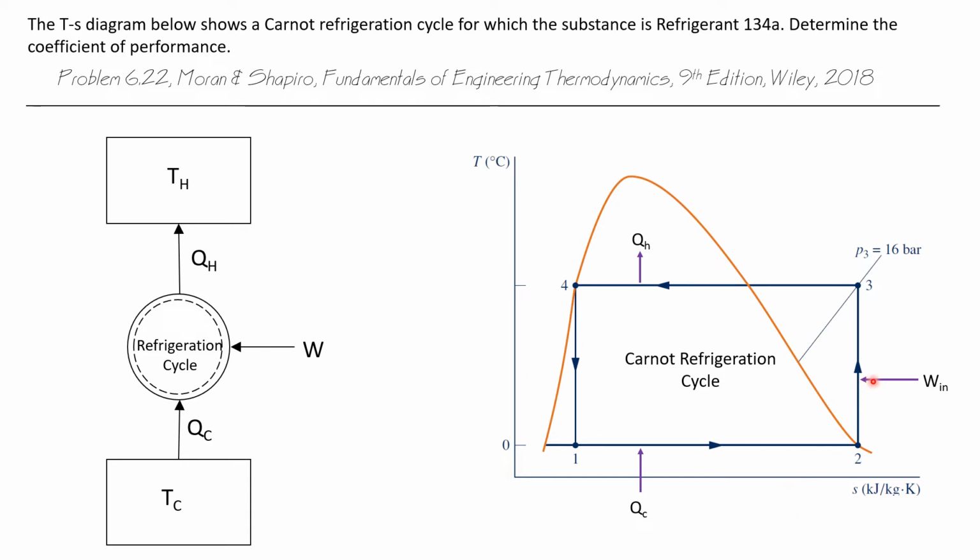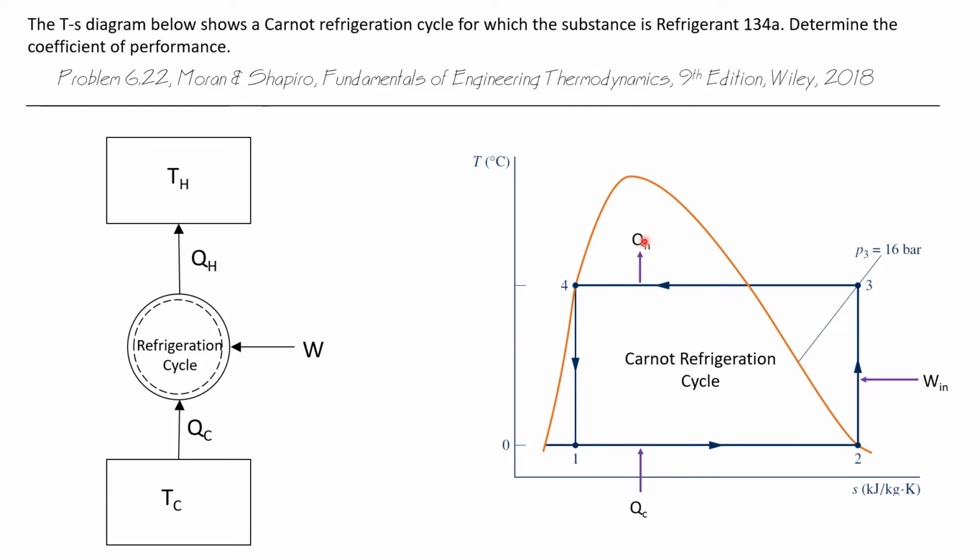So we can see that there are four processes forming this cycle. Process 2-3 is an adiabatic compression, and this is where work is added. Work is required to compress the refrigerant. And then there is a constant temperature heat transfer process.